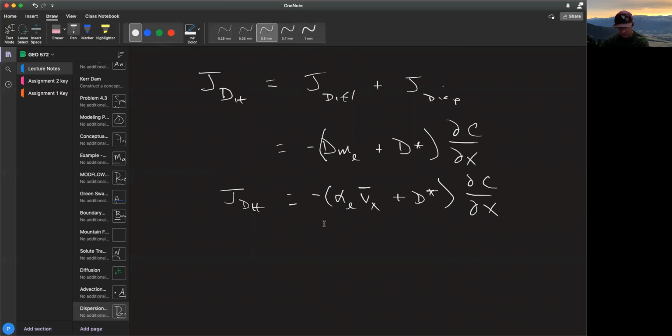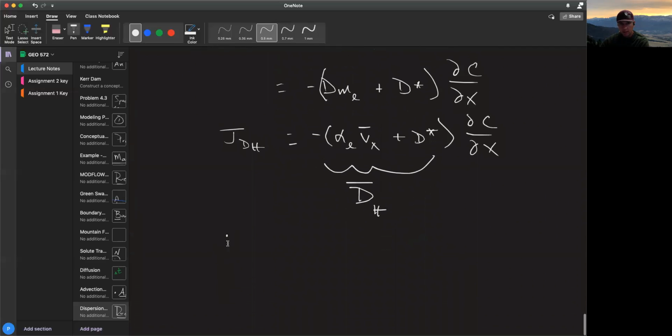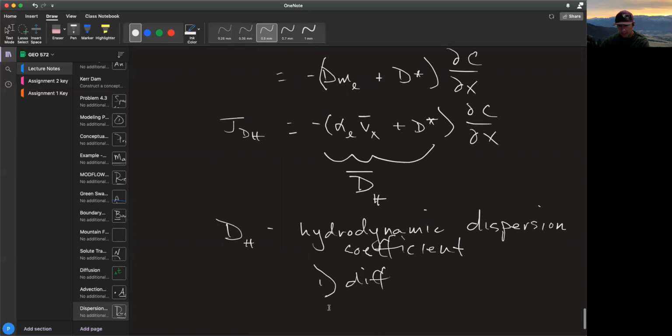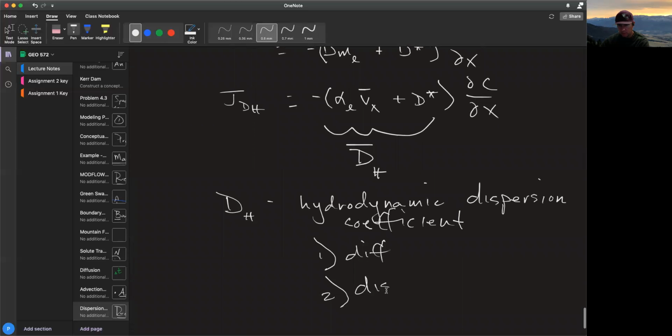Let's combine these two into one big term, D sub H. D sub H is the hydrodynamic dispersion coefficient, and it includes both diffusion and dispersion.